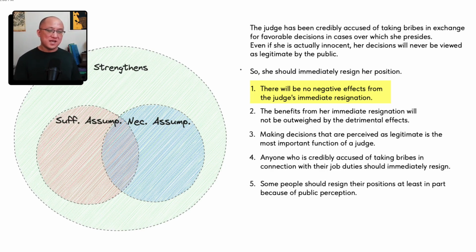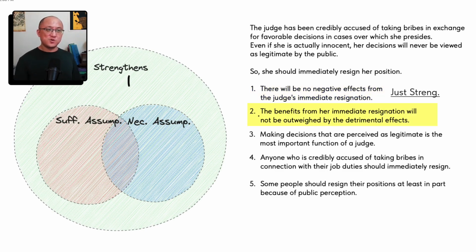You're just assuming that the negative factors do not together outweigh the benefit of making that choice. So that's why number 1 is not necessary. And we did establish, however, that it does strengthen the argument but it's not sufficient. Again, it's not sufficient because it doesn't tell you that someone should resign. We have no idea when someone should resign based on the premises in the argument.